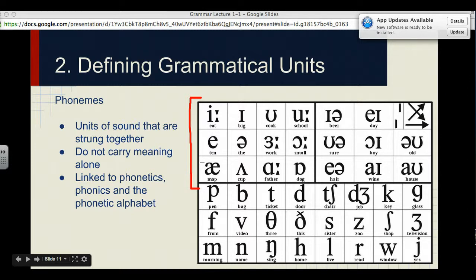Try to keep that in mind. I'm not going to ask you to memorize this table, so don't freak out. I know it looks confusing, but it is interesting to understand that this writing system is not the same as our sound system.